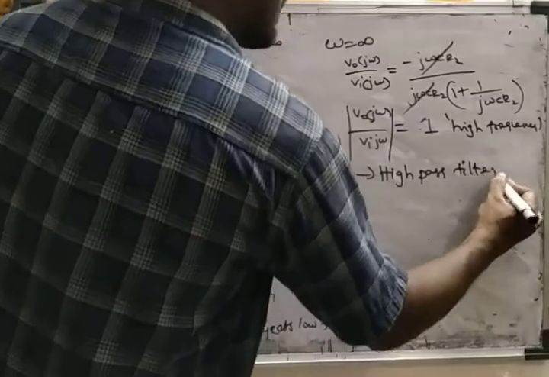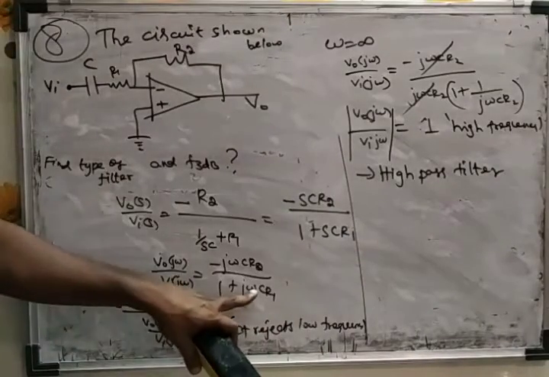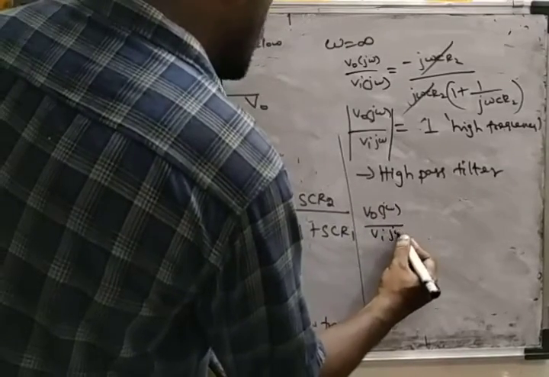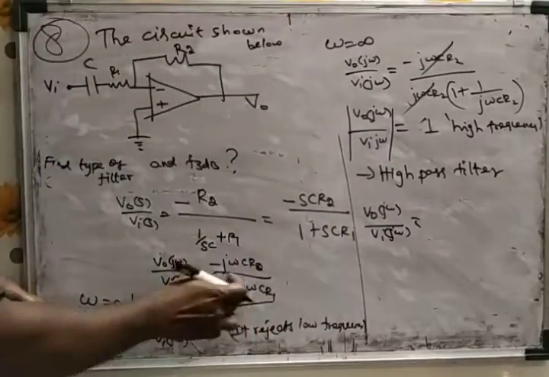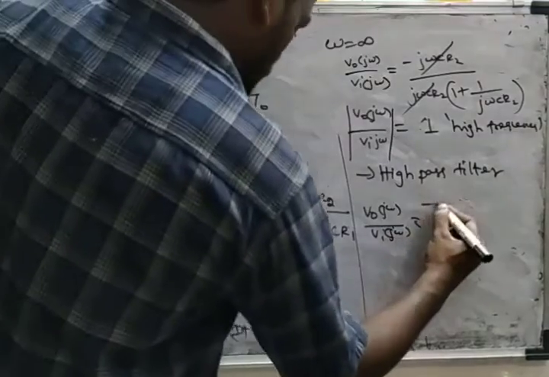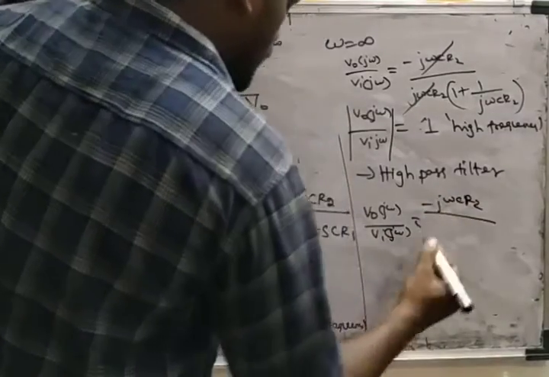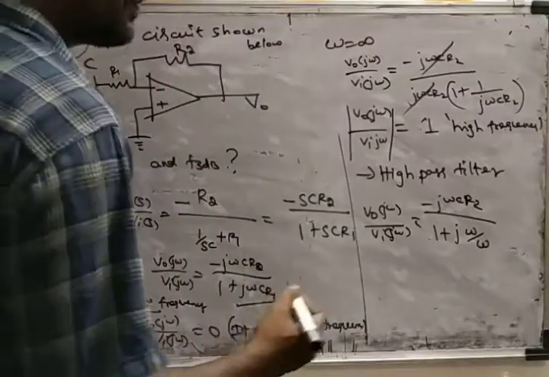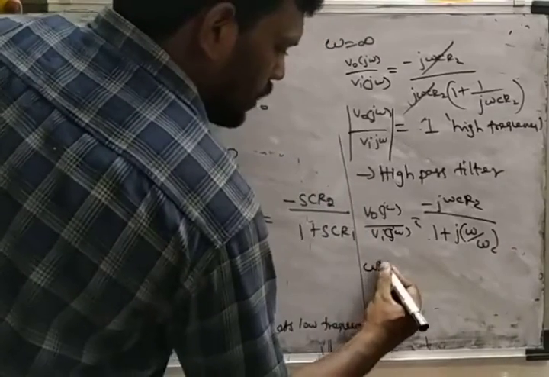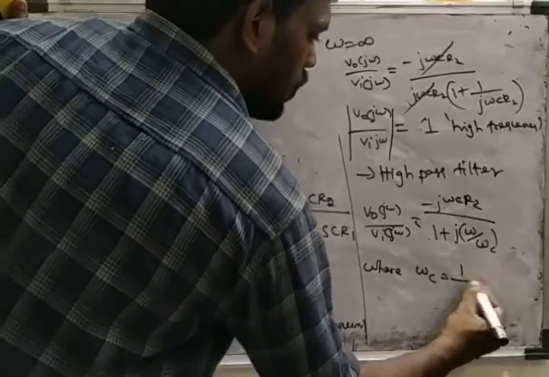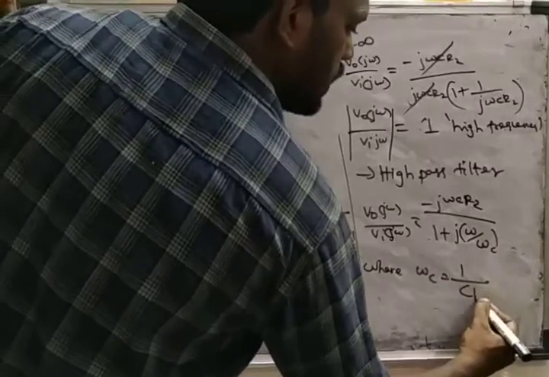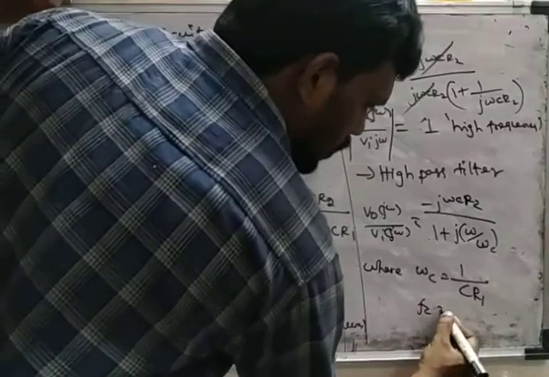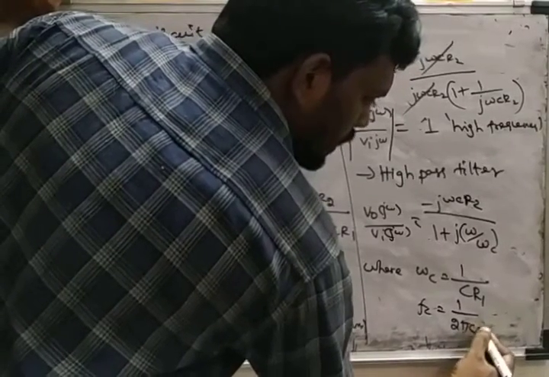It is a high pass filter with a cutoff frequency. We can write this equation as V0 of j omega by Va of j omega, equal to minus j omega C R2 by 1 plus j omega by omega C, where omega C is equal to 1 by C R1, or the 3 dB frequency fC is equal to 1 by 2 pi C R1.